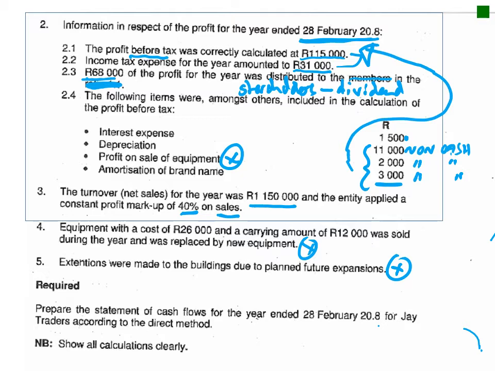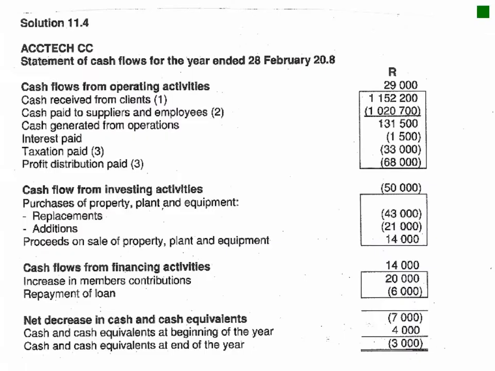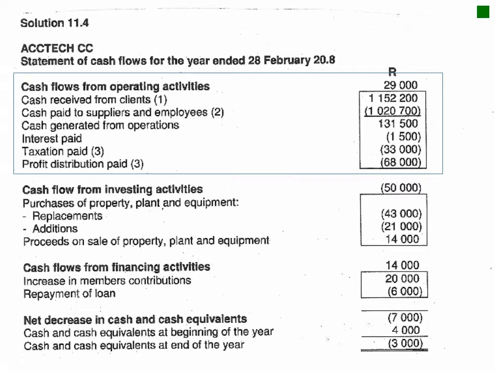So we're going to prepare the statement of cash flows. When it says direct method, that's a method that we use in FRK 121 for preparing the statement of cash flows. But we're only going to do the operating cash flow section. So here's what the final answer is going to look like. I am going to show you how we can calculate that, but we're only going to be busy with the cash flows from operating activities.